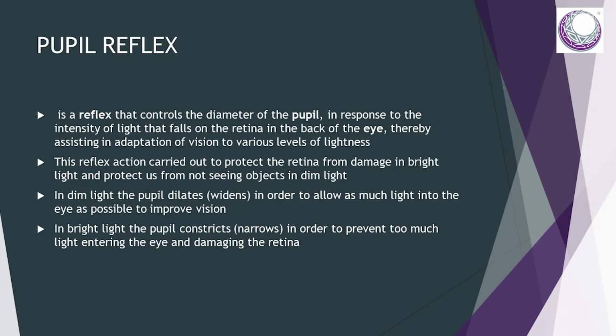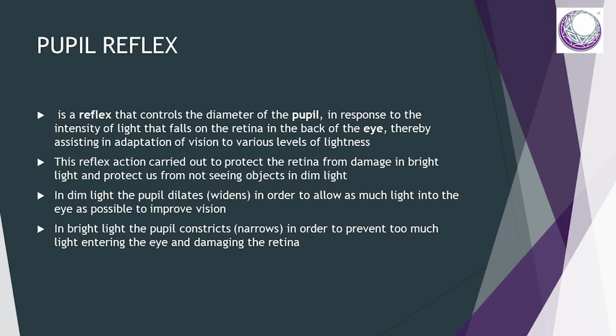So what happens in the reflex action is that the main issue is a protective measure through controlling the amount of light. It is a reflex that controls the diameter of the pupil in response to the intensity of the light that falls onto the retina in the back of the eye, thereby assisting in the adaptation of vision to various levels of light.